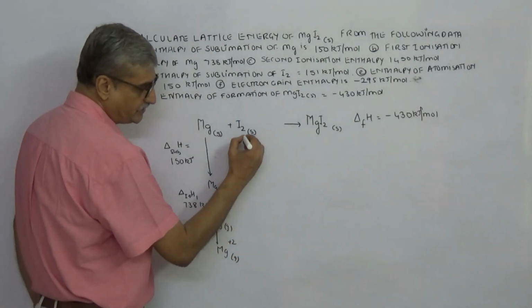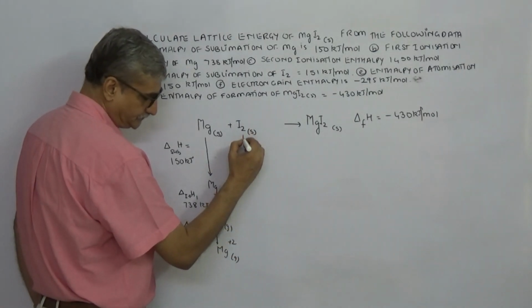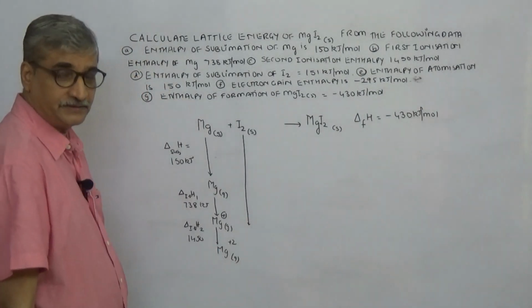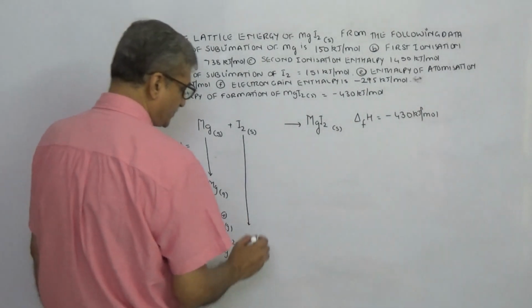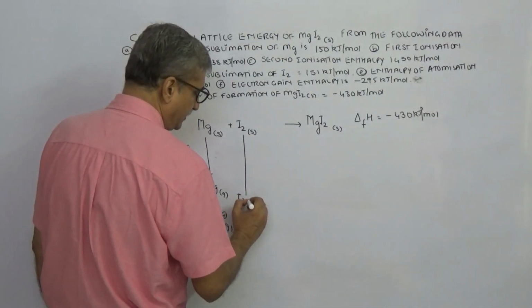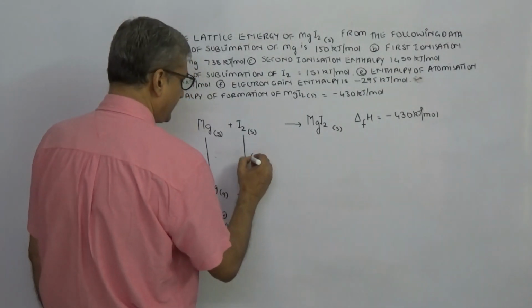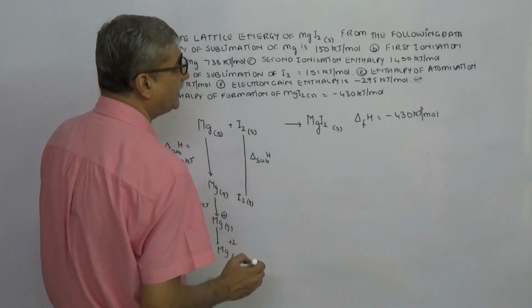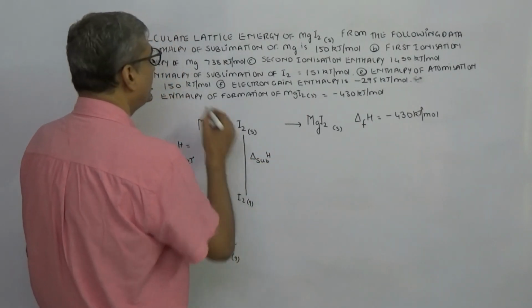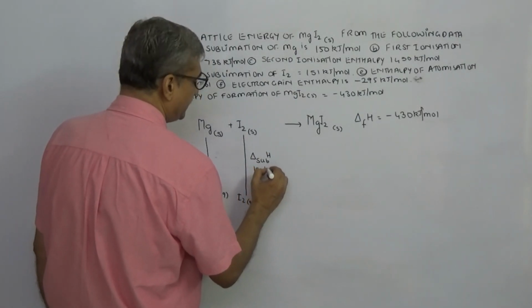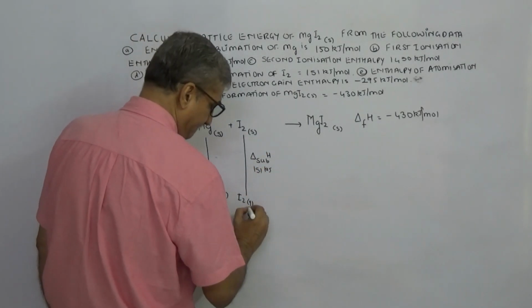Then we look at the situation for iodine. Now iodine is clear. Solid is becoming iodine gas, vapor. So this is delta sublimation H for iodine, and that is given as 151 kilojoule per mole.